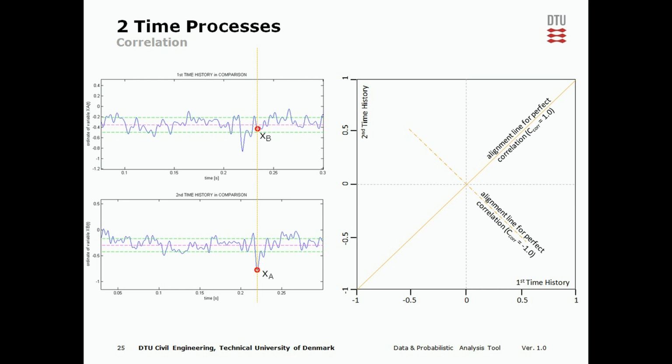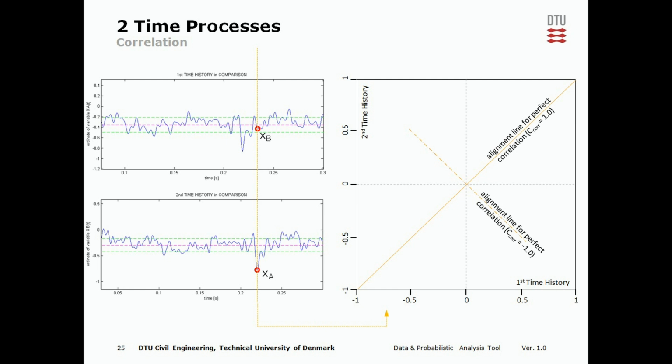In the first and the second one we have an ordinate, and these ordinates can now be transferred to a graph where we have on the x-axis the scale for the first time history, and on the vertical axis the value axis for the second time history.